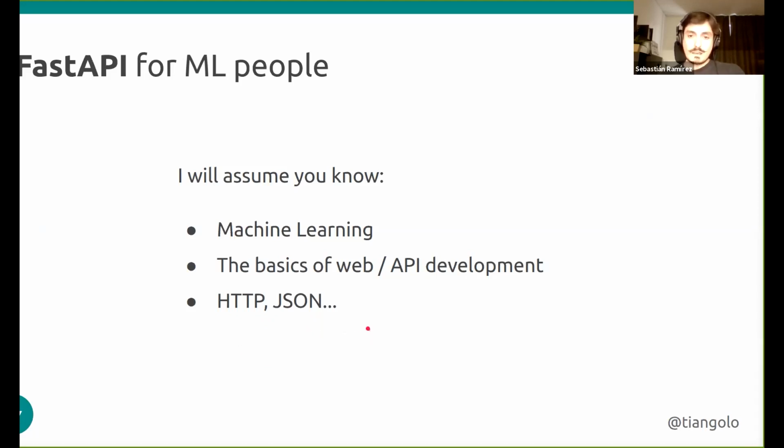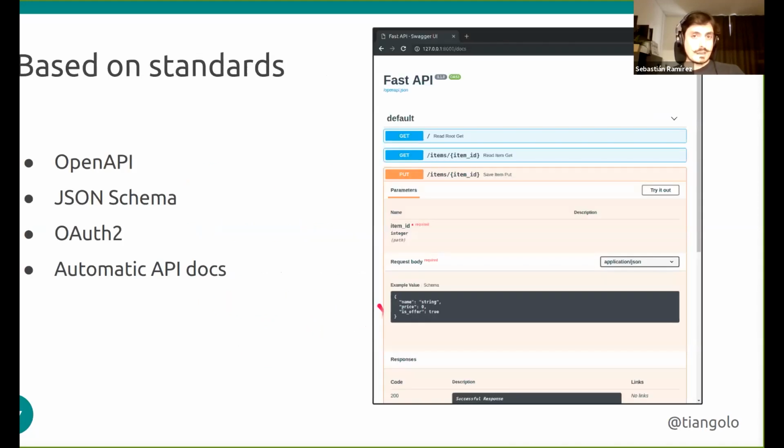Just that, nothing else. So let's talk a little bit about what FastAPI is and what it gives you. FastAPI is based on standards: OpenAPI, JSON Schema, OAuth2. These standards allow a much better integration with many other tools.